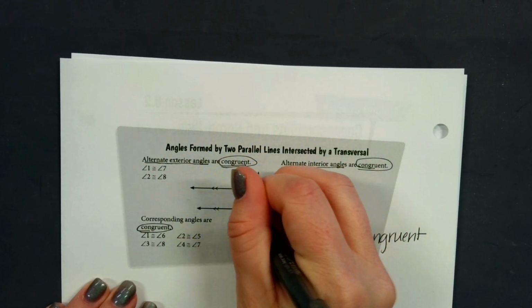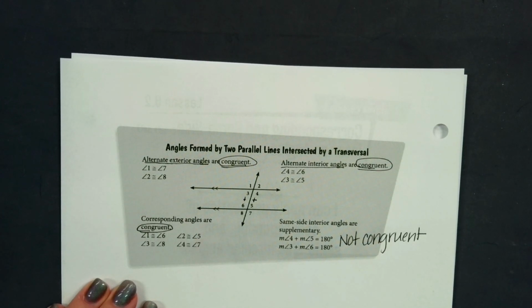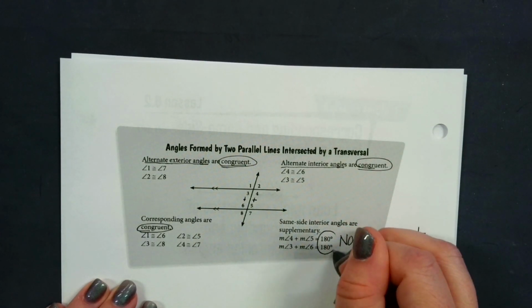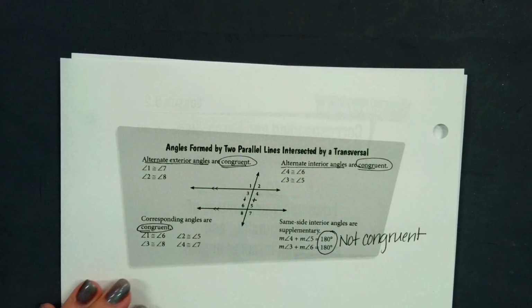Angle 3 plus angle 6 add to give you 180. This is the only one that you need to remember that adds to 180. Questions so far?